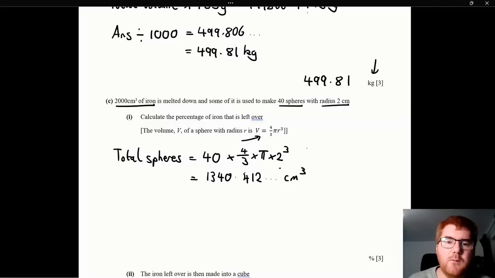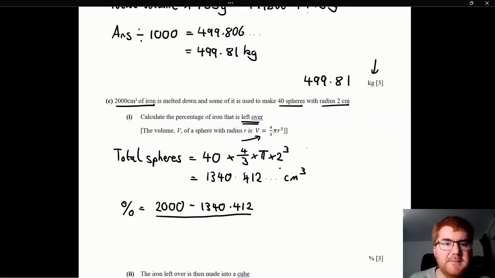And we need to work out what's left over here. So the way that we work out this percentage is we subtract one from the other. So we do 2,000 minus the answer from before, divided by the total amount of iron, which is 2,000, and then times by 100.